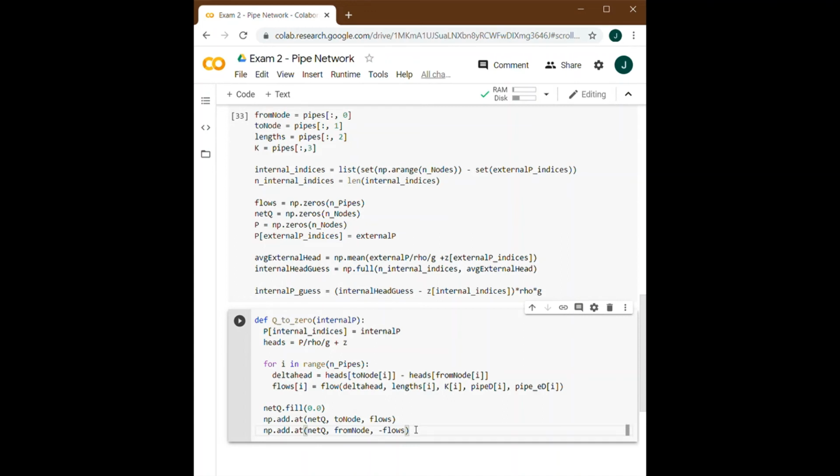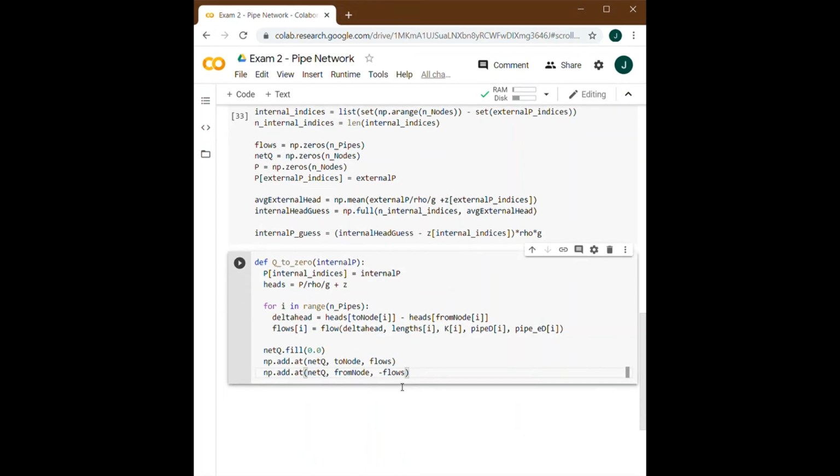And the goal is that our net Q for node 1 and node 2 can equal 0. Because if we can get that equal to 0, then we'll have our flow rates through the pipe, and that will be correct.